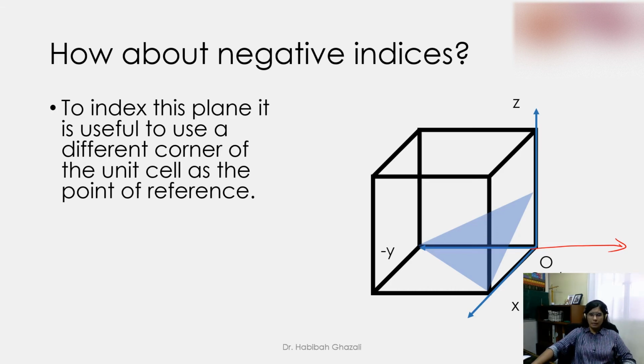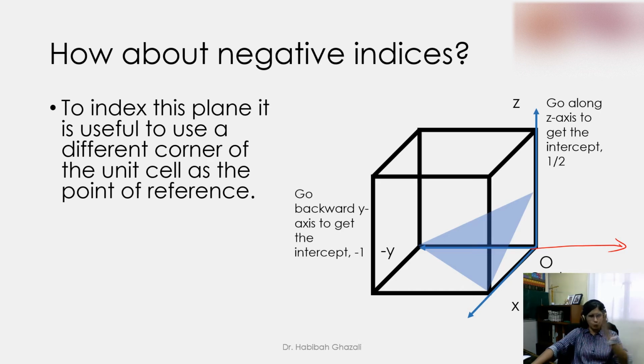I can see that it goes along the x direction, z direction to intercept at half, and along the x direction to intercept at 1, and it goes backward in the y direction to intercept at -1. So now I have all the intercepts. My intercepts are 1, -1, and half.